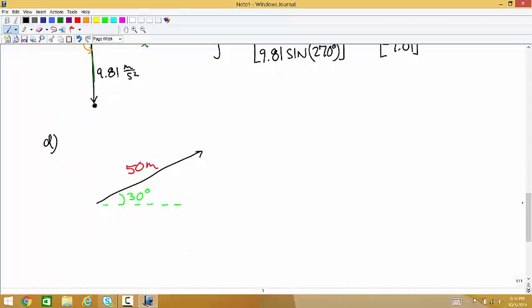Okay, so the last one has the y-axis pointing in this direction. So there's x, there's y, negative x, negative y. And so this one, what's the angle that you have to go from the positive x-axis to get to that vector? 90.